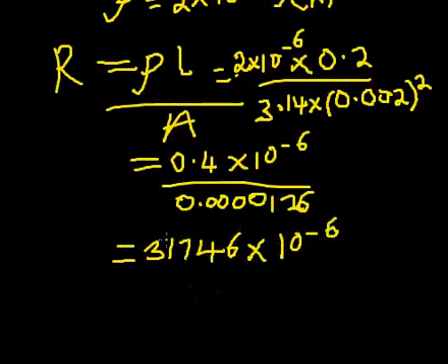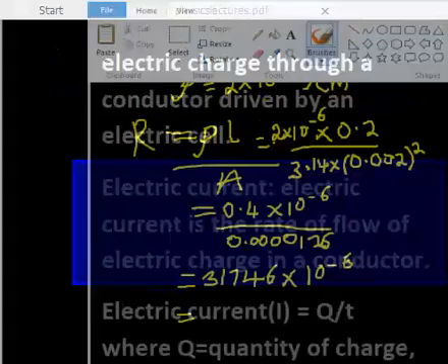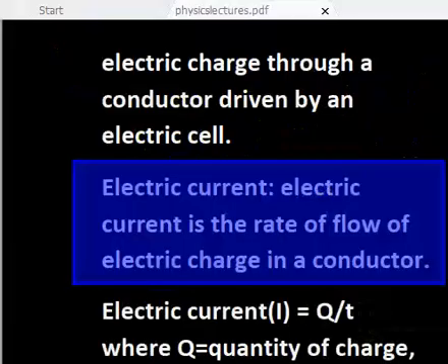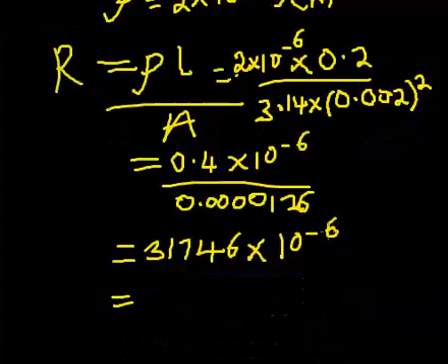If you use your calculator, that is the same as this divided by 1 million, because 10 raised to the power minus 6 is the same as 1 over 10 raised to the power 6.